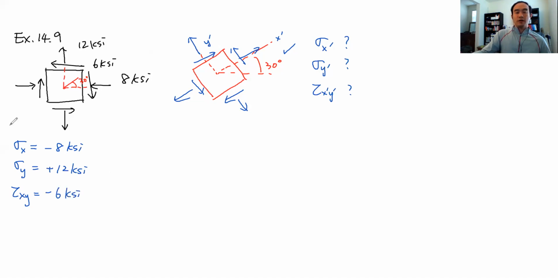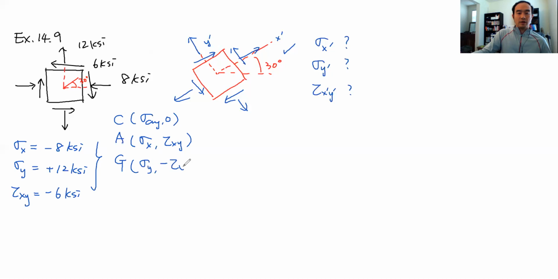So when we have identified these three stresses, then we can easily determine the coordinates of these 3 points, C, A, and G. C is the center, sigma average, comma 0. A is sigma x, comma tau xy. G is sigma y, comma negative tau xy. So what is sigma average? We just take the average between these two.